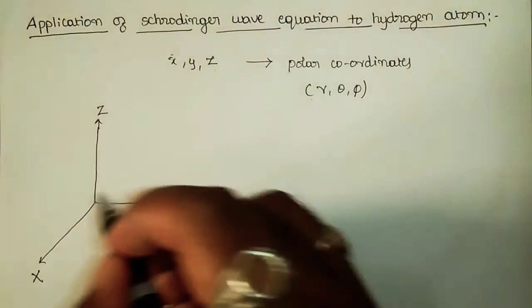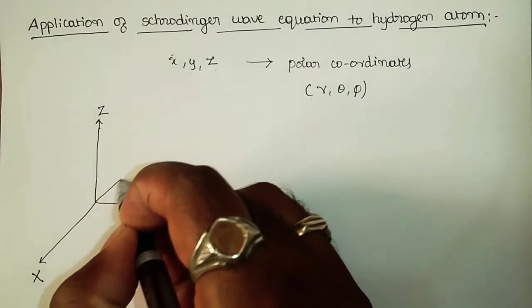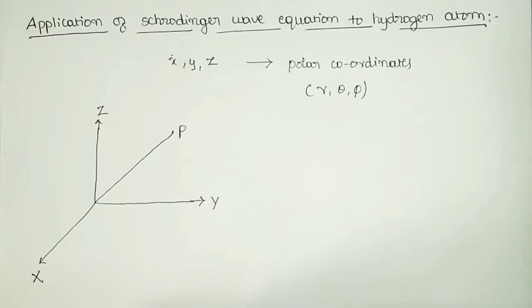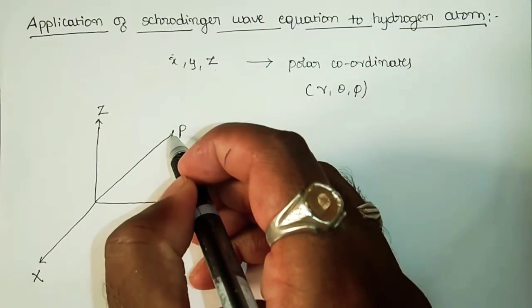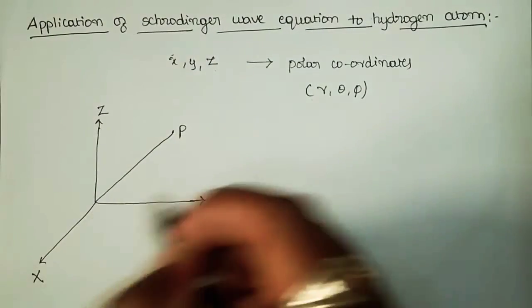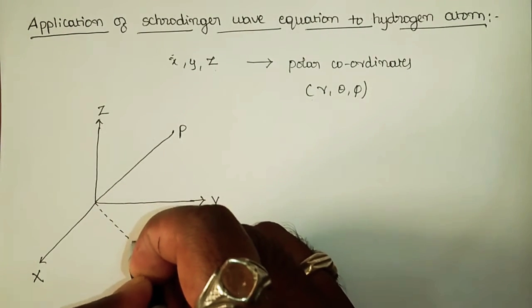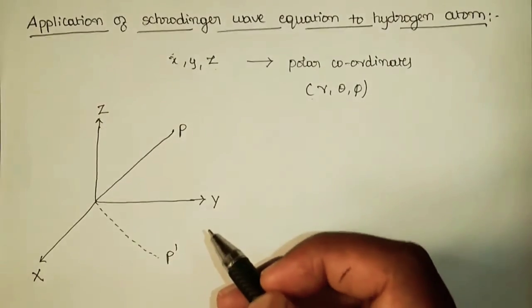Okay, and let us consider a point in a space, say P. Okay, and the projection of the point P along the xy plane can be taken in this way, and let me take that as P prime.